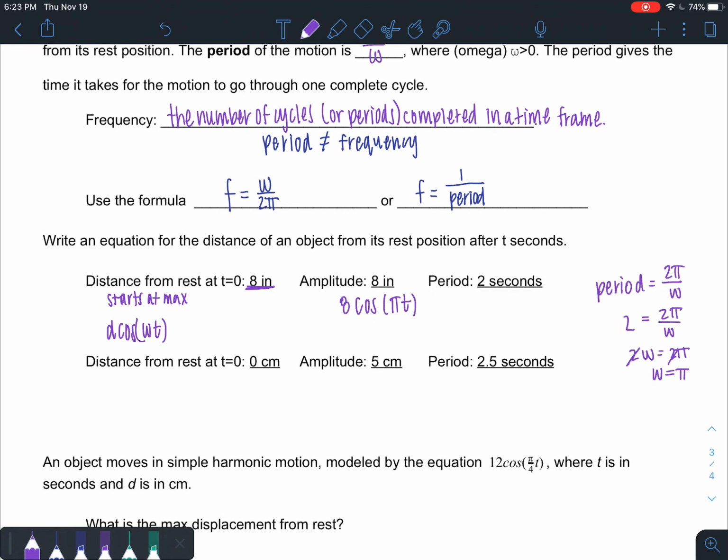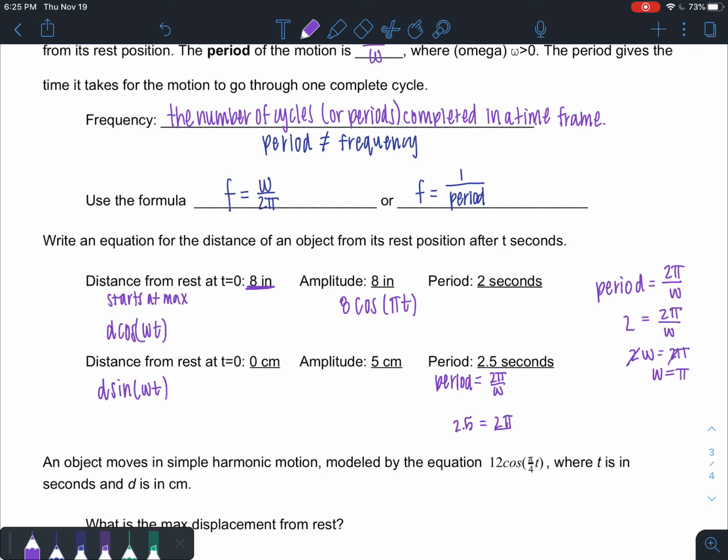Okay, this next one here, it's starting at rest, so we're going to use d sine of omega t. Let's use that equation again. So we have the period is equal to 2 pi over omega. The period is 2.5 this time.